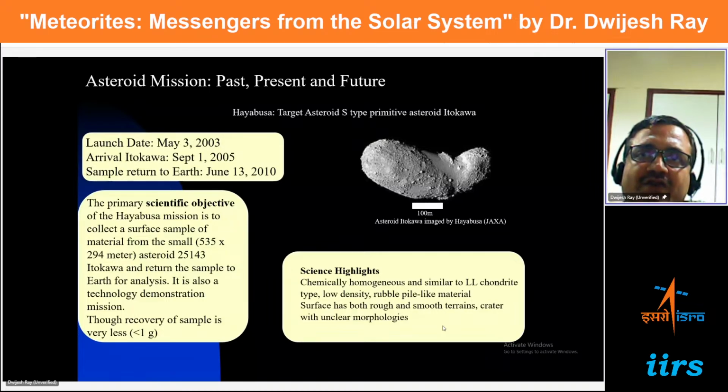So this could be one of the parent bodies of the LL chondrites we have in our collection. But there are plenty of this kind of asteroid in the asteroid belt, so we need to explore other possibilities also.